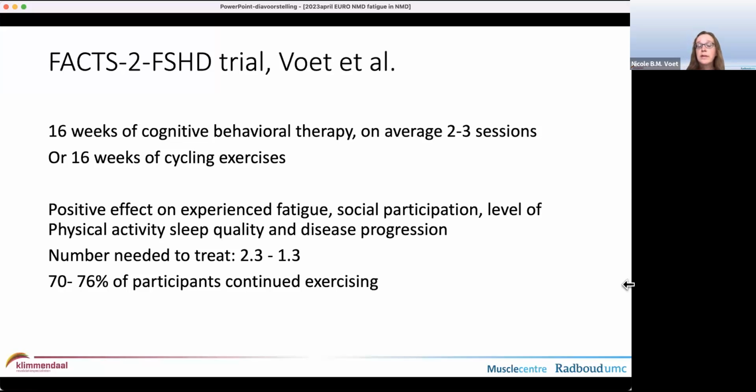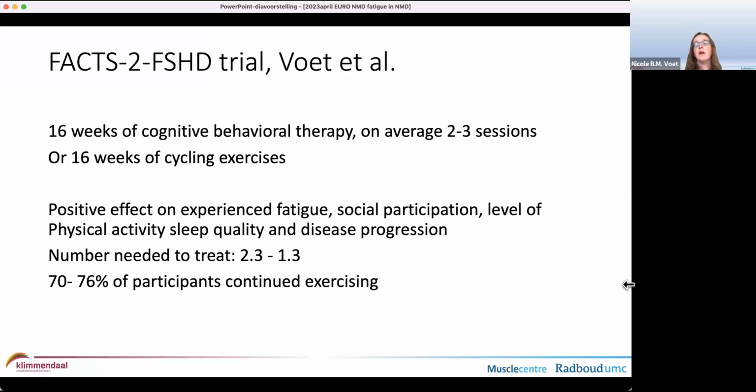And what we saw was that they both had a positive effect on experienced fatigue, on the level of physical activity, and cognitive behavioral therapy also was effective for sleep quality, disease progression, and social participation. There was a number needed to treat of only 2.3 for the cycling group and 1.3 for the cognitive behavioral therapy group.